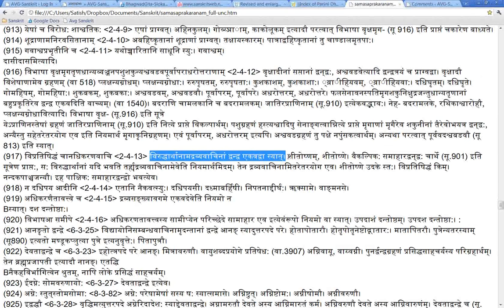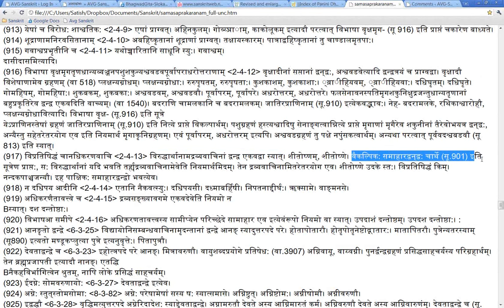Again, why do we need this sutram? Because of the fact that he explains that Vaikalpikaha Samahara Dvandvaha Charthe Dvandvaha iti Sutrina Praptaha eva. So we already had the Vaikalpikaha Samahara Dvandvaha.